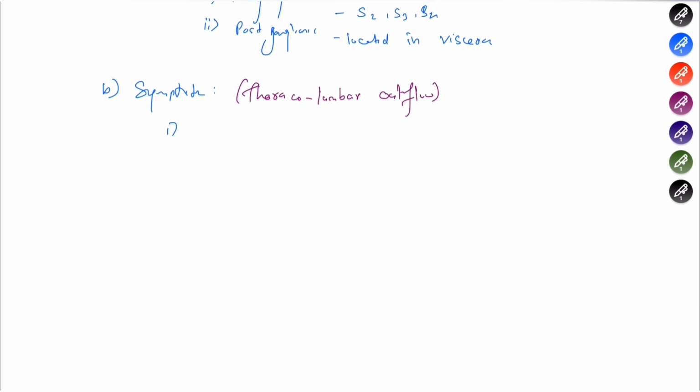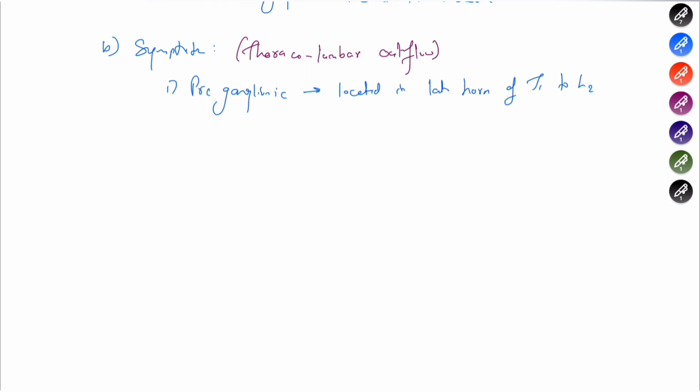Preganglionic neurons are located in the lateral horn of thoracic 1 to lumbar 2 segments of the spinal cord, and the postganglionic neurons are located in the ganglia of the sympathetic tract.